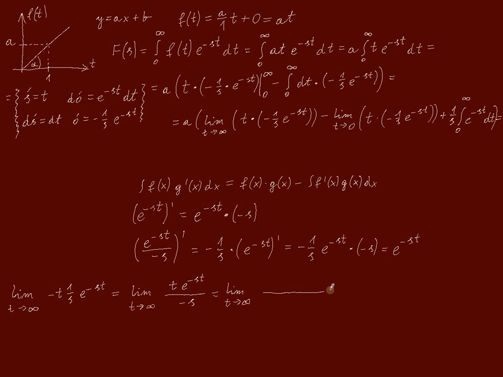The result is the derivative of the first times the second plus the first times the derivative of the second.